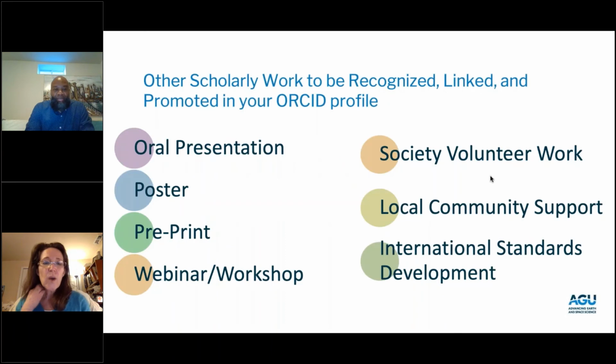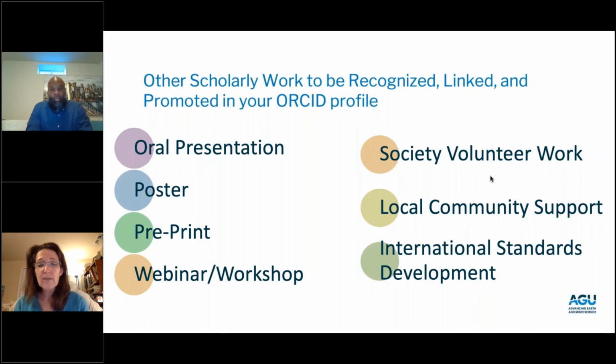So one of the things, I like to use AGU as an example as to why you want to keep your ORCID profile really up to date. One of the examples here is, for instance, we have a lot of committees, and when we're trying to find someone with a particular background, maybe someone in Europe or Australia or an Asian country to represent one of our committees, we use tools like ORCID to identify you.